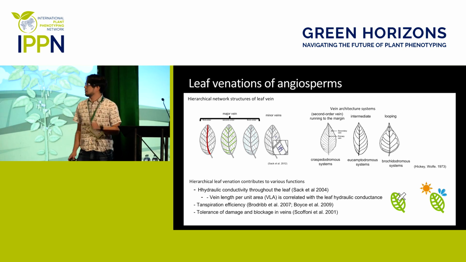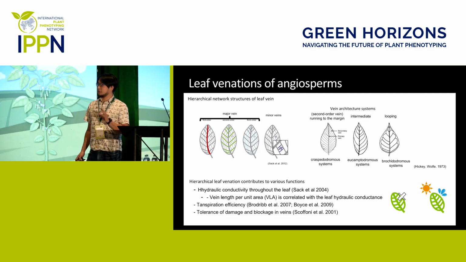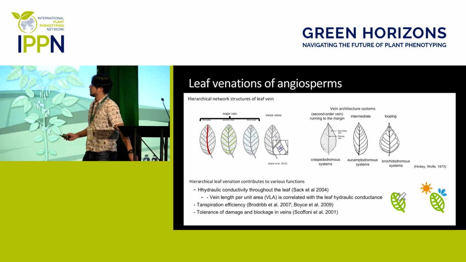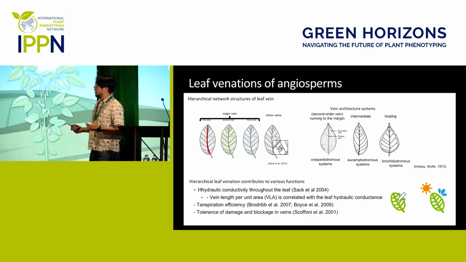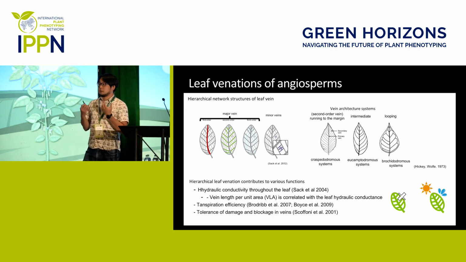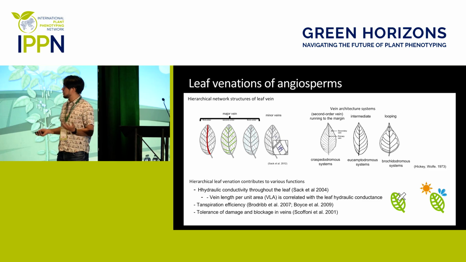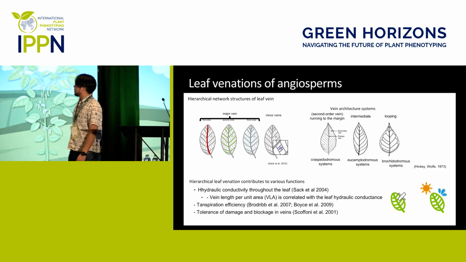So I expect all of you have seen leaf venation, the leaf vein structure like that. The leaf venation of the angiosperm, especially the dicot, exhibits hierarchical, reticulate structures.